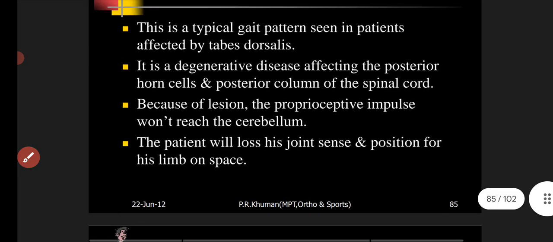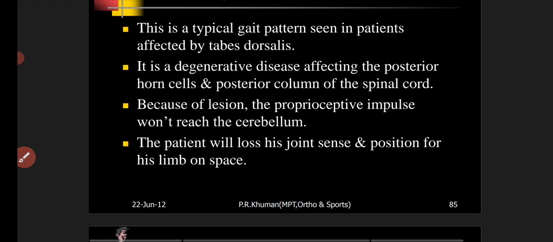The patient will lose joint sense and position sense. One of the important functions of the cerebellum is to sense the joint and position of the limb in space during the swing phase.